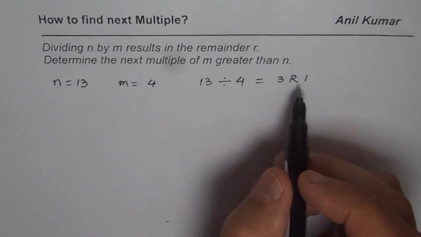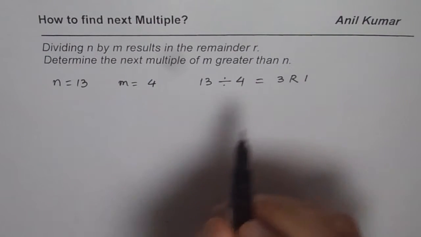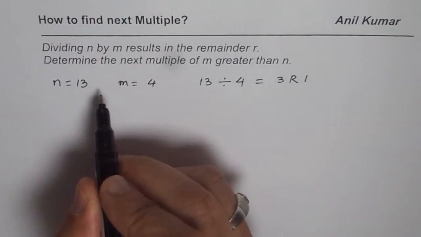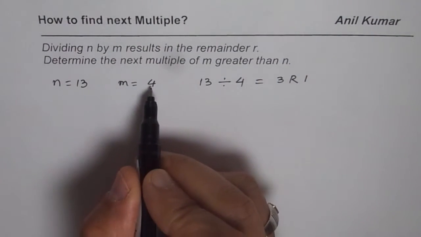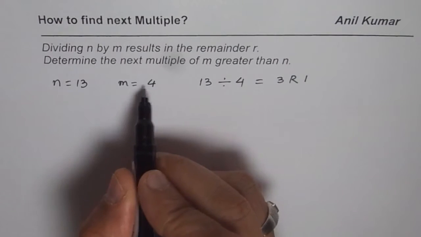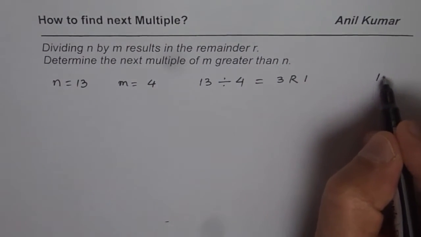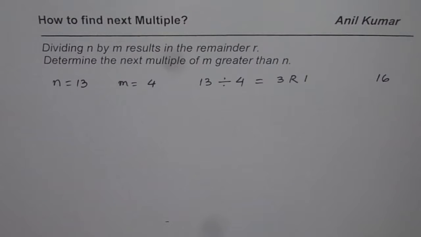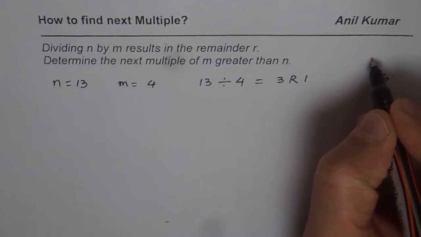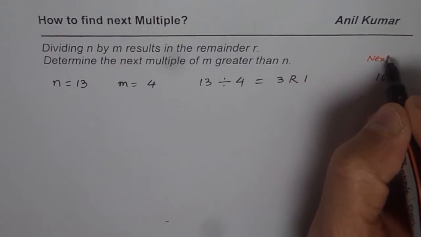Now, what is the next multiple of 4 which is greater than 13? We know 4 times 3 is 12 and 4 times 4 is 16. So the next multiple is actually 16. In this table, we will write the next multiple here.